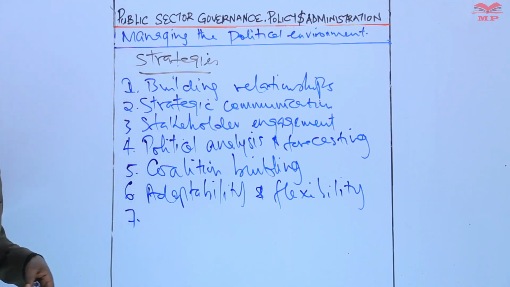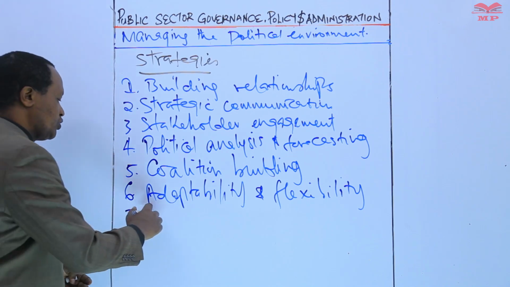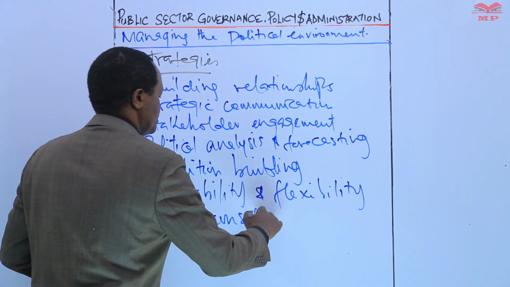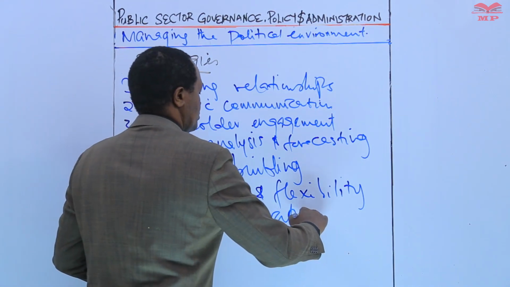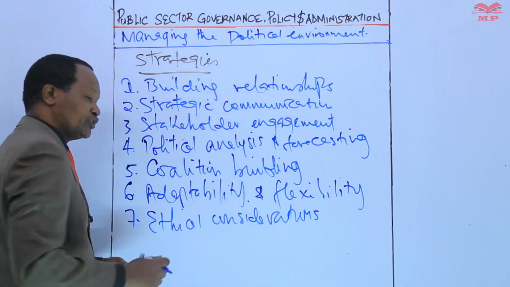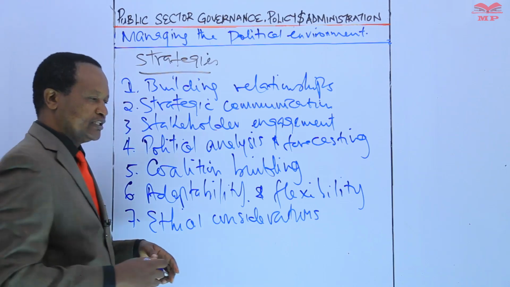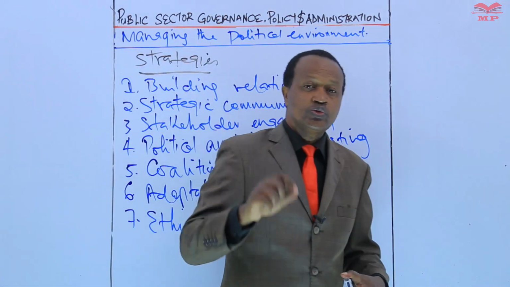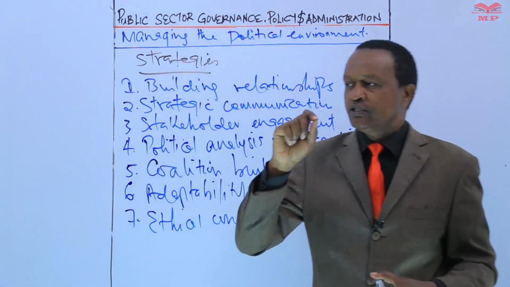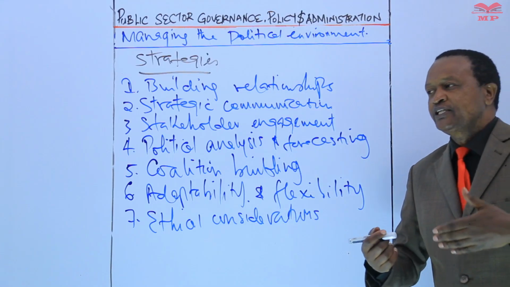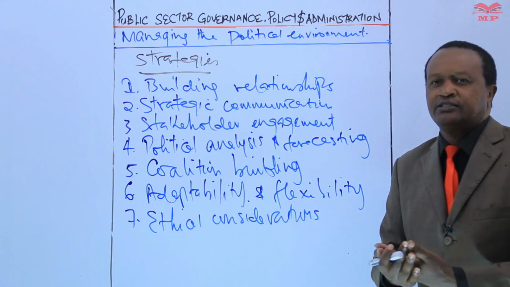The seventh strategy is in relation to ethical considerations. This means maintaining high ethical standards, which is crucial for building trust, which is crucial for building credibility.